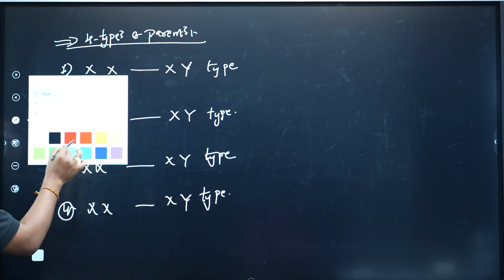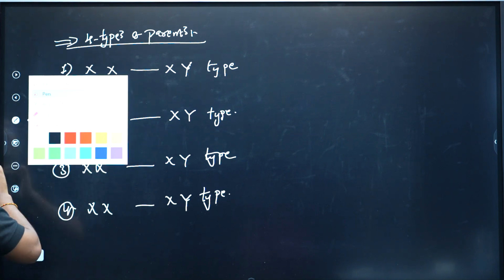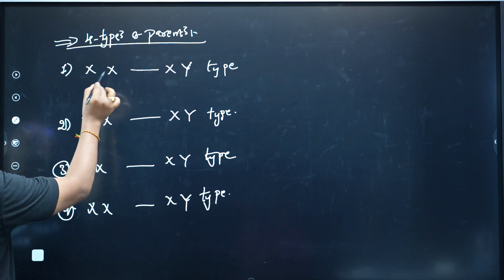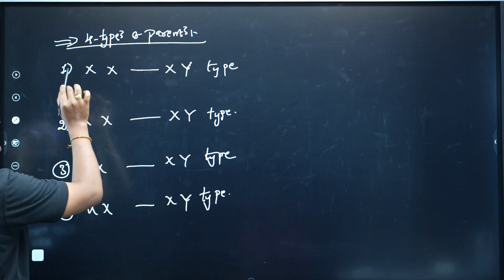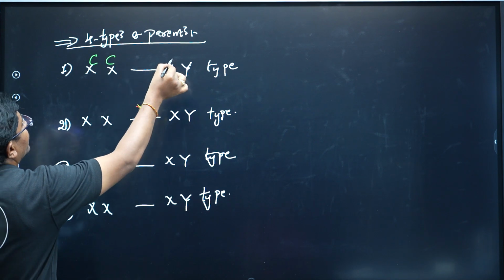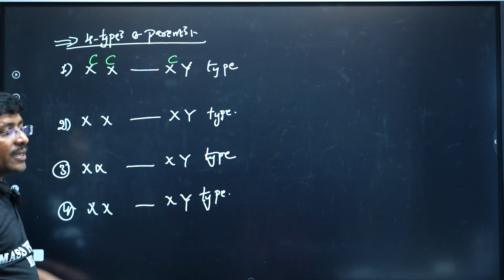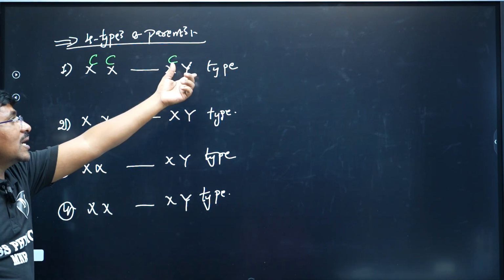Now I'll write the traits on this. If it is capital C here, and here also capital C, means both parents are normal.